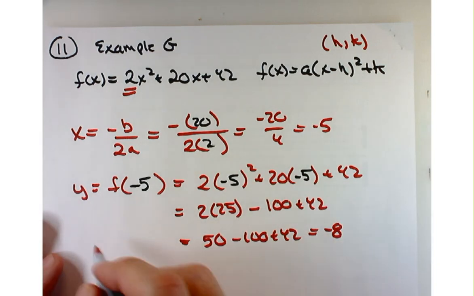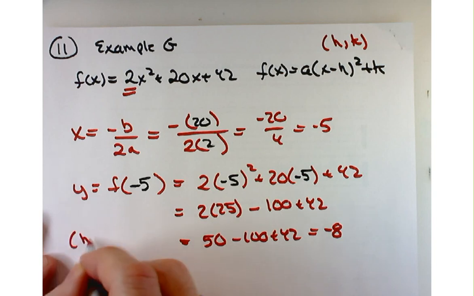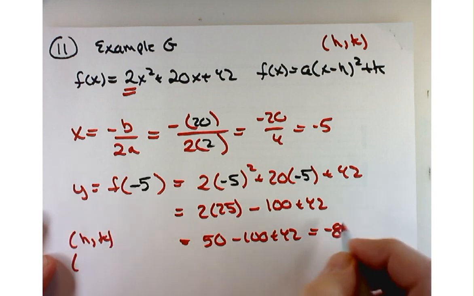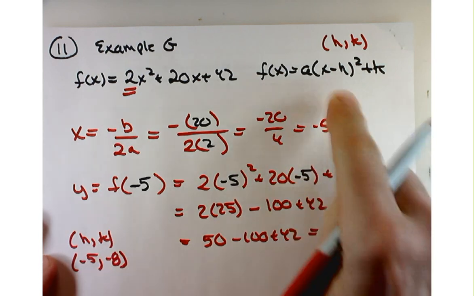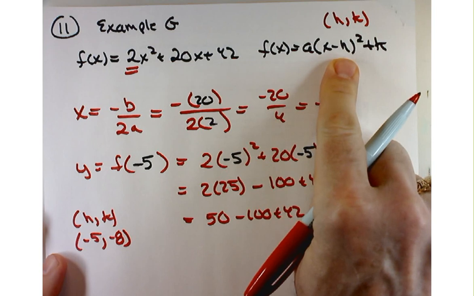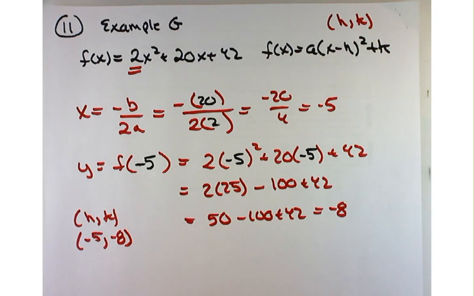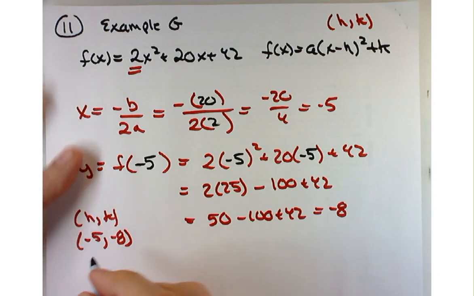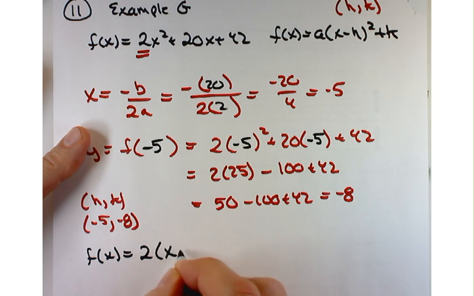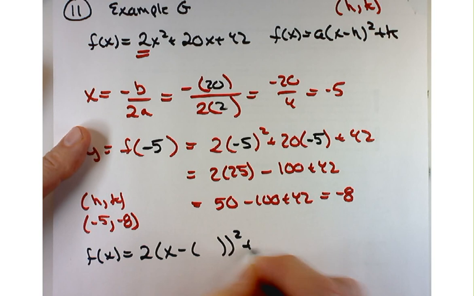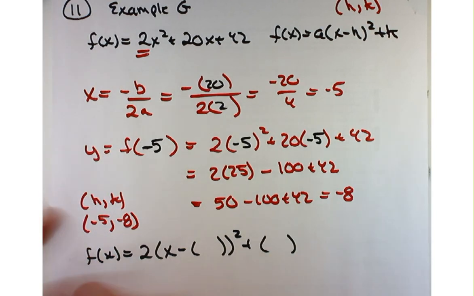So in terms of my h and k, I've got negative 5 and negative 8. So I need to put that into my formula. So that's going to mean f of x equals 2 times x minus negative 5 squared plus negative 8.